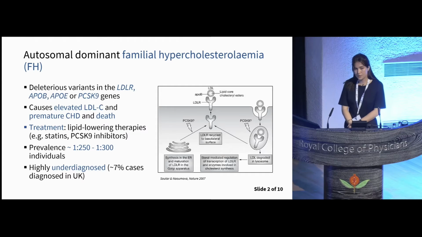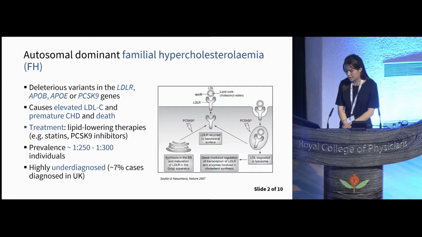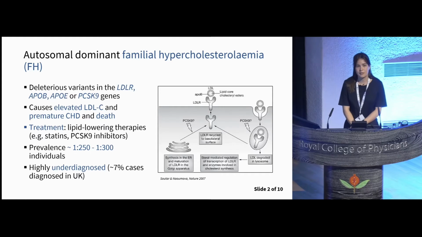So autosomal dominant familial hypercholesterolemia, or FH, is an inherited condition that's caused by deleterious variants in the LDLR, ApoB, ApoE, or PCSK9 genes. And the gene products are involved in the cellular uptake of circulating LDL cholesterol from the blood, as you can see in the figure.